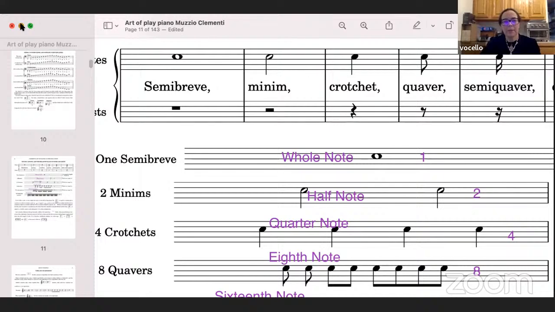But the tempo changed. This is 96 BPM and this is 192. It's an octave higher than the second part.